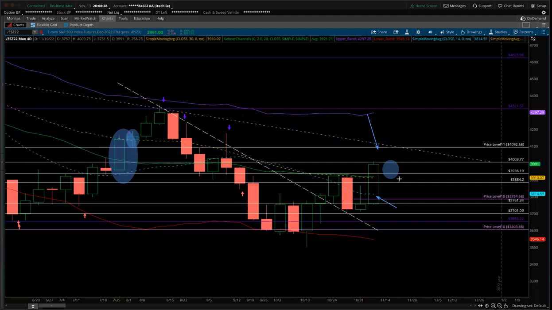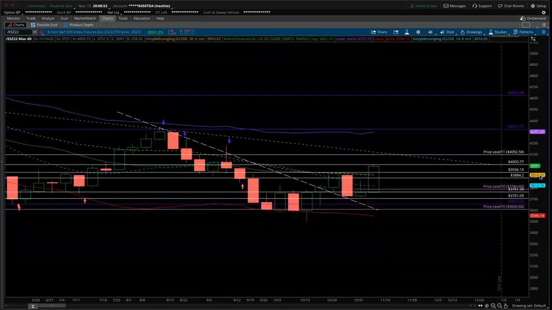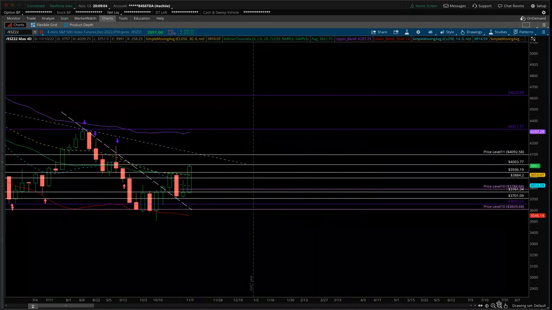Hence why I brought up I have a nice URI play. My whole goal is to capture as many movements as possible to both sides, buying enough time that we can get a 20 to 50 or even 100% move on our premiums buying 2 to 3 weeks out. And that's been the case this past week and the week before that.